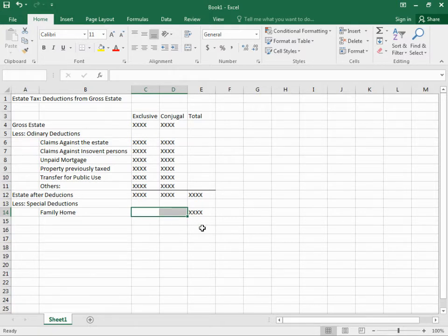So, kung conjugal property yung ating family home, of course, yung deduction ng ating family home would only be 50%. Pero kung exclusive property siya, then the amount of family home deduction would be the whole 10 million.